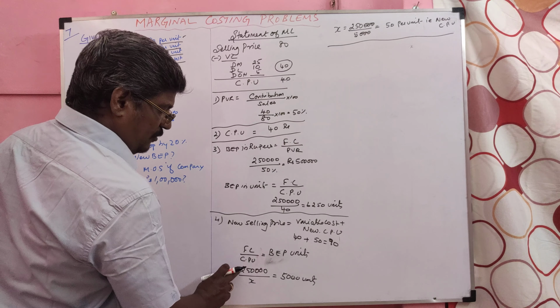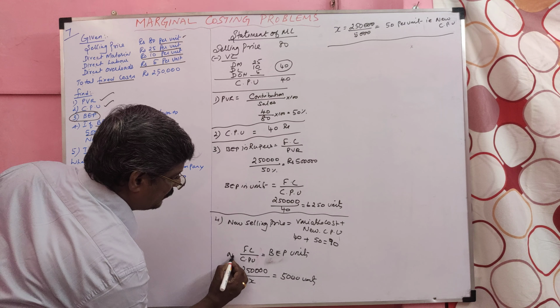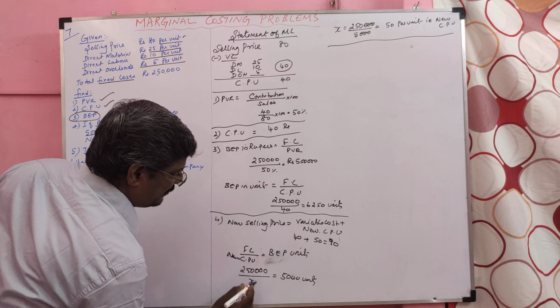Here fixed cost we know. New CPU we have to find, that we make it as X, equal to BEP units already given 5,000. X equal to 2,50,000 divided by 5,000 equal to 50 per unit. So 40 rupees is variable cost, 50 rupees is new CPU. If we add these two, we'll get new selling price.